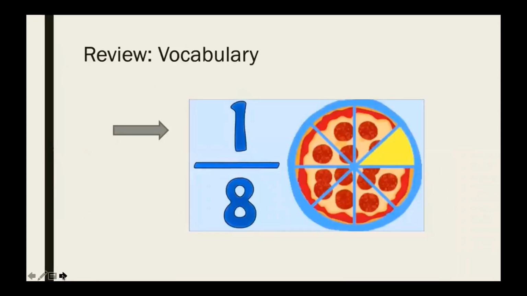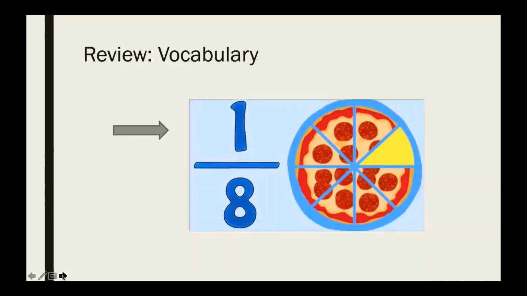But first, it is always a good idea to review what you have learned previously before you continue with today's lesson. So let's review our vocabulary. On the right side, you will see a pizza that has been equally divided into different parts.